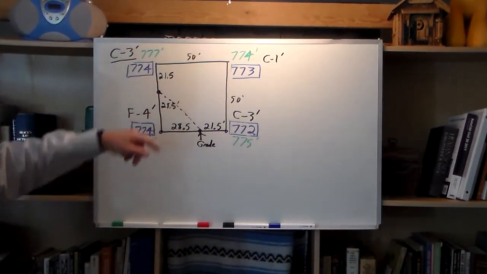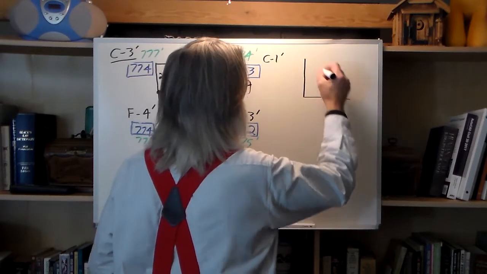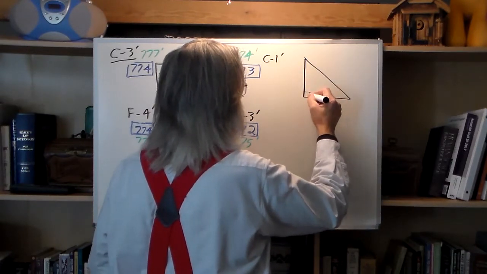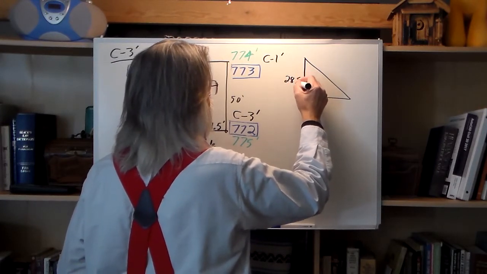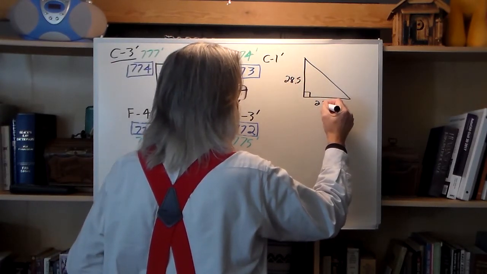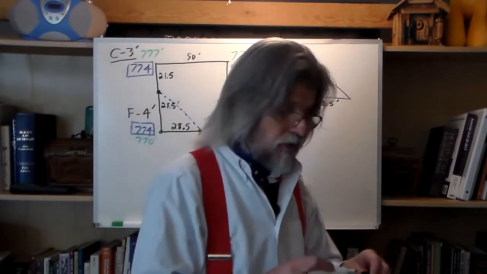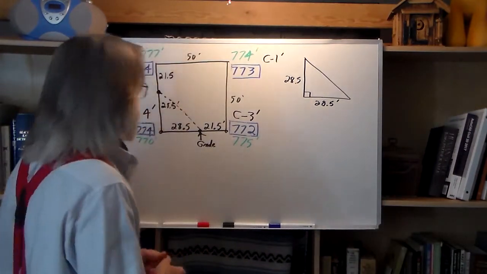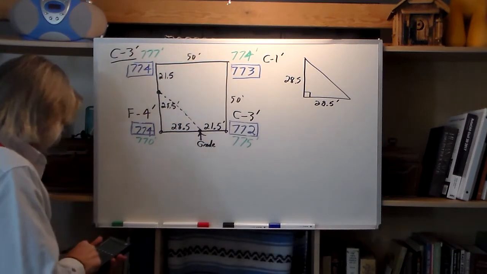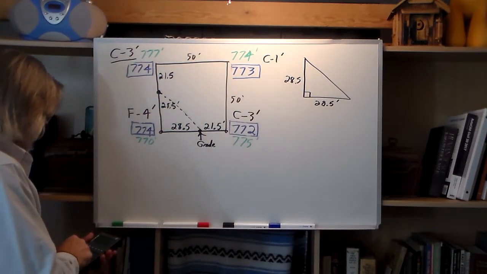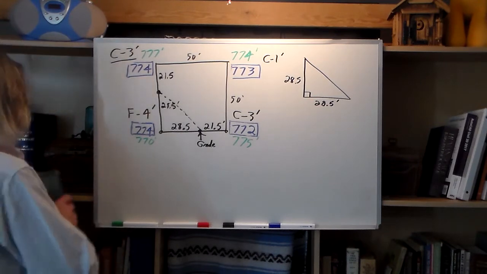First thing we need to do is figure this area. We have us a right triangle, pretty straightforward. 28.5 on the side. And this is 28.5. The area is 1/2 the base times the height on a right triangle. And 28.5 times 28.5. Do the math. Take half of that.